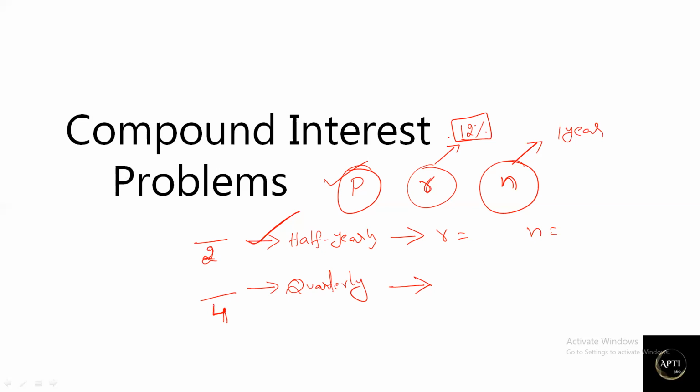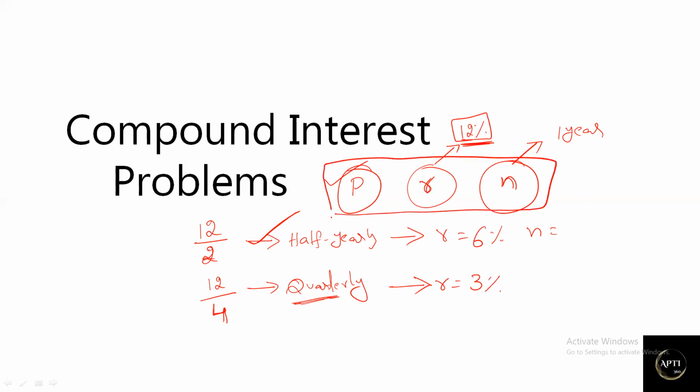If the value of r is 12%, 12 divided by 2, what is the value of r? r is equal to 6%. If it is on a quarterly basis, the r value will change. Even if they give r equal to 12, we have to consider the r value as 12 by 4. What is 12 by 4? 3% on a quarterly basis. These are the values given in the question, but we have to understand that for half yearly, the r value is the given value divided by 2, and for quarterly, the given value divided by 4.